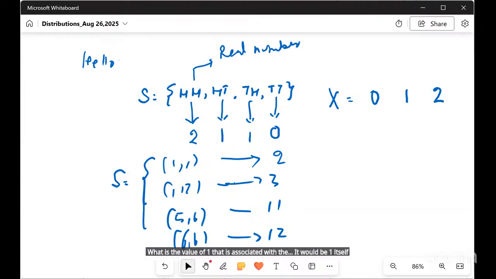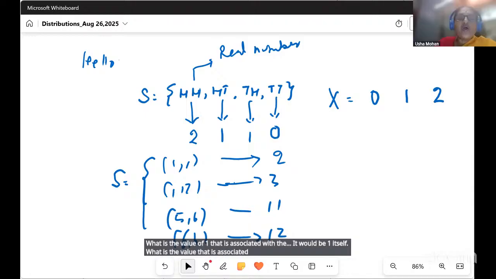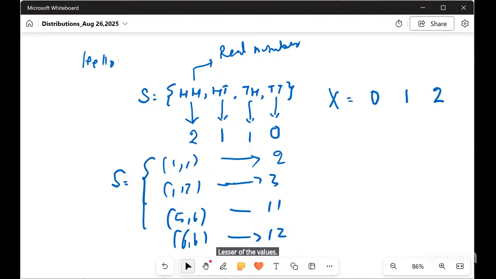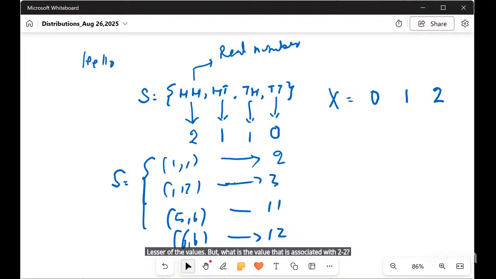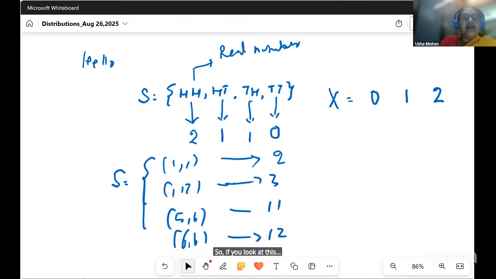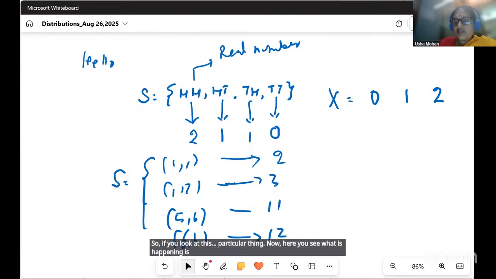What is the value that is associated with 1, 2 and 2, 1? Lesser of the values, 1. What is the value that is associated with 2, 2? 2.